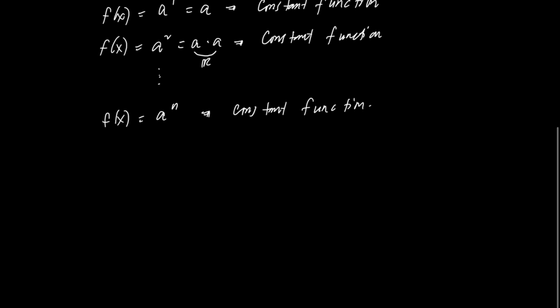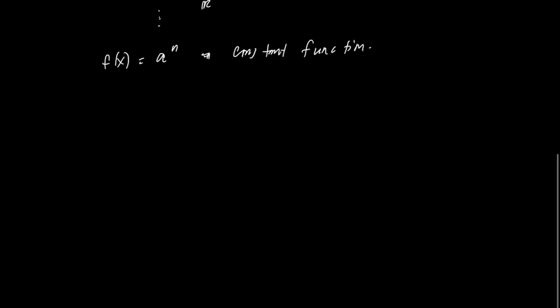Now, what will happen if our base is a variable x? What if our f of x is equal to x to the 0? Again, x to the 0 is 1, and this function here is a constant function.